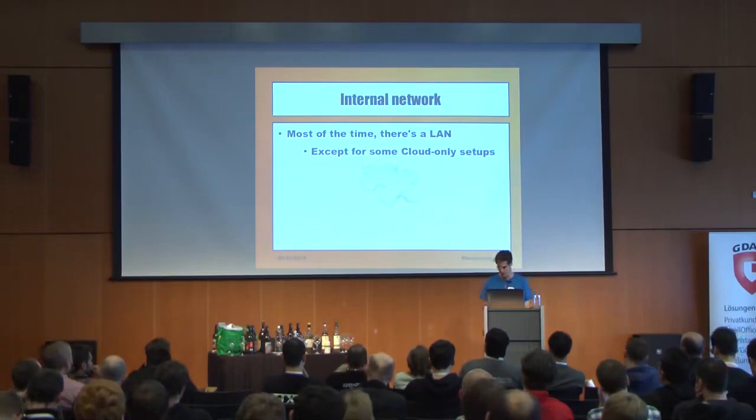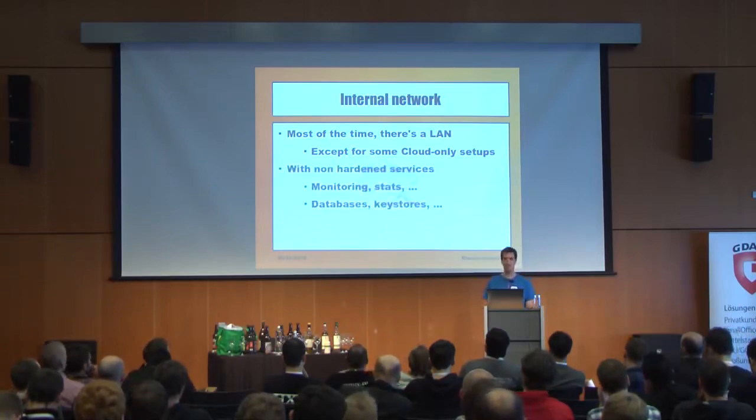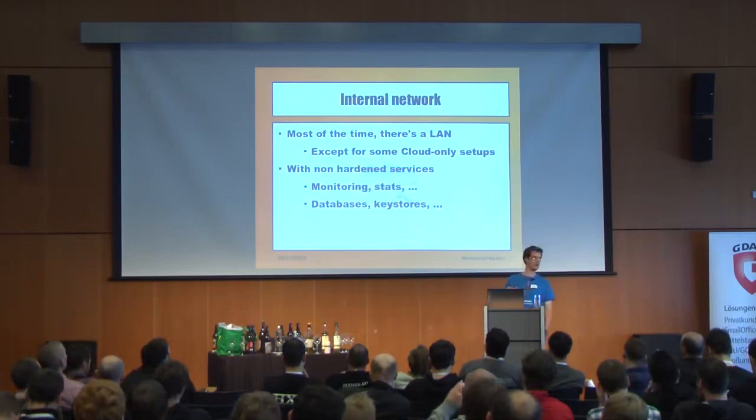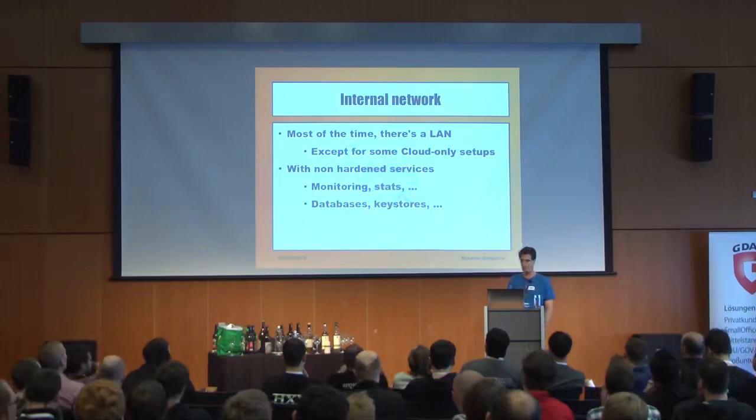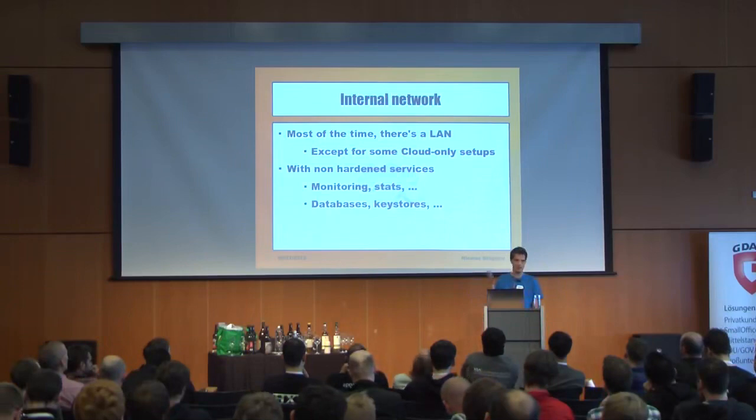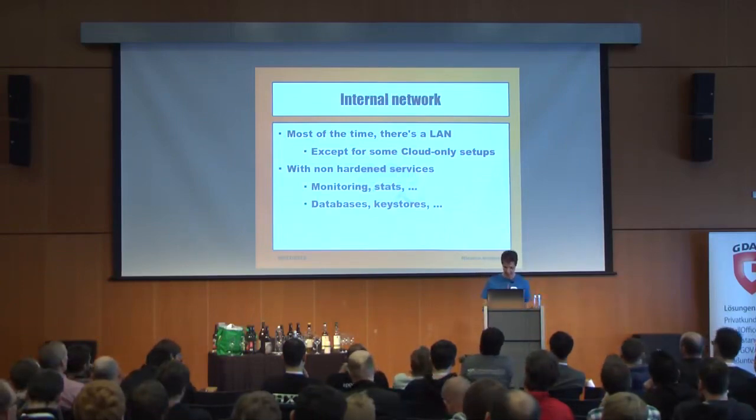But most of the time you have an internal network. And on this internal network, you have tons of non-hardened services. I mean, you name it, monitoring, statistics, databases, key stores, web servers, administration interfaces like your Tomcat, port 8080. This is usually very cool.